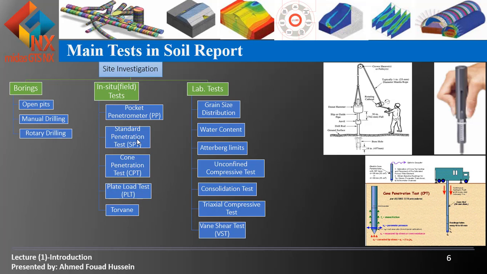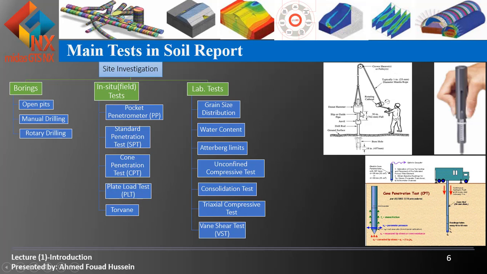As we see in this picture, and we're going to talk later in detail about the SPT experiment, the SPT is like a spoon, and the spoon is about 45 millimeters, and it has to go into the ground, and we have this hammer.